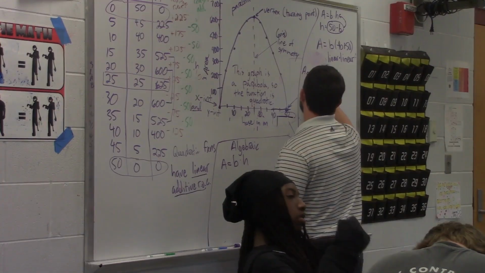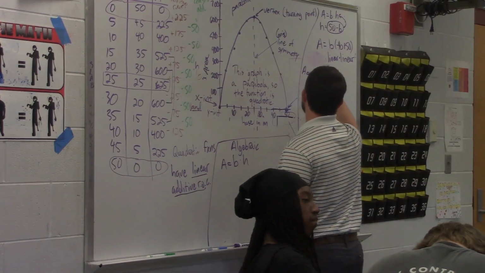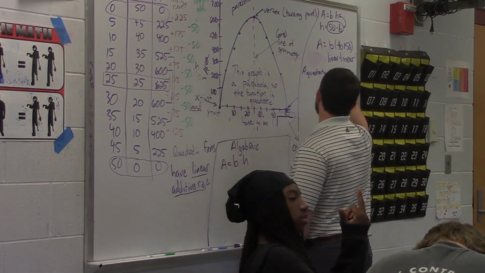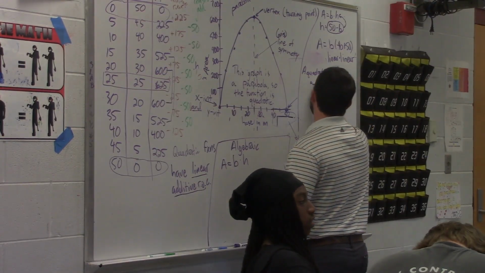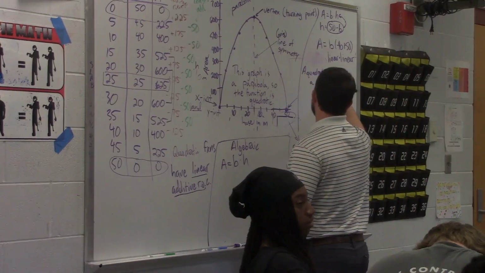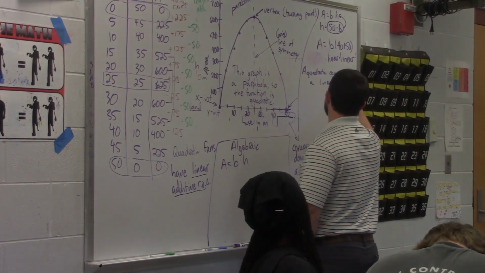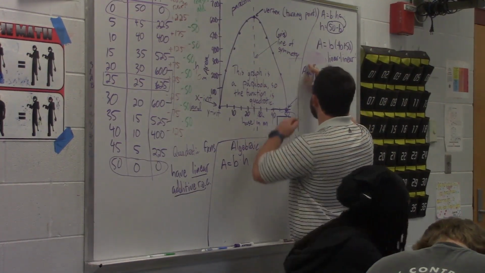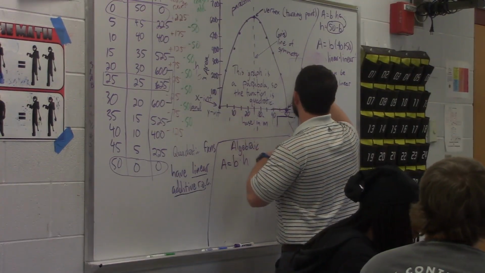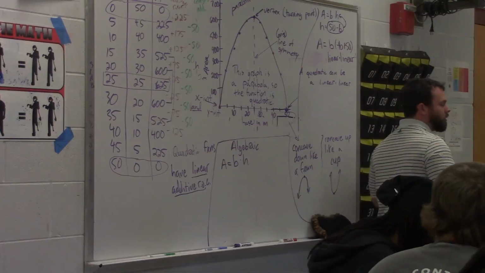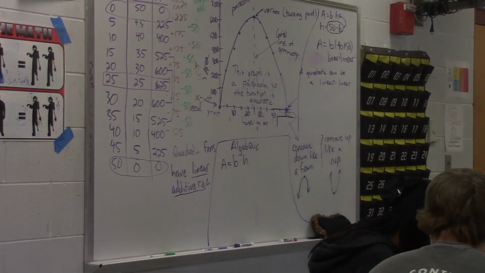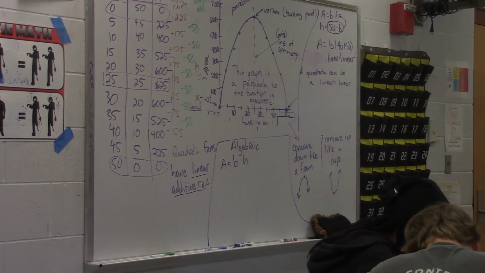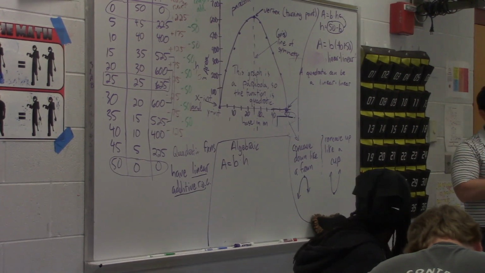A quadratic can be a linear times a linear. There's actually 3 major forms of quadratics. This is one of those 3 major forms. So if you have a linear being multiplied by a linear, you have a quadratic function. Okay?